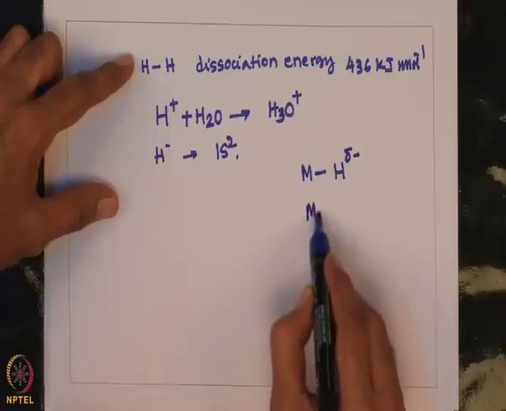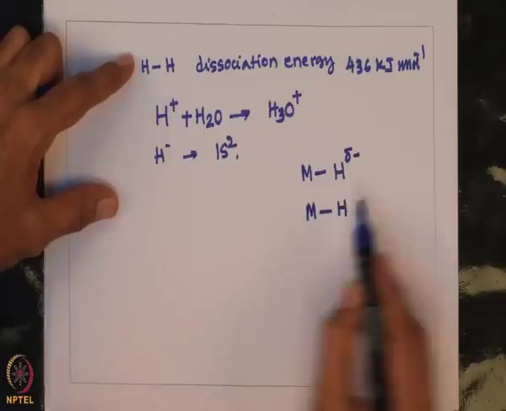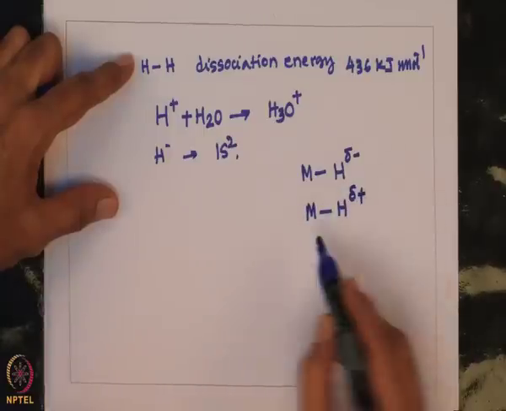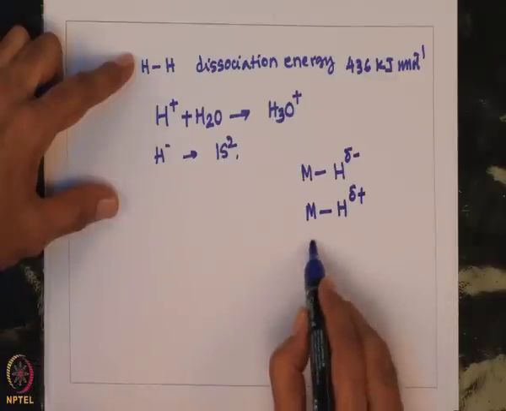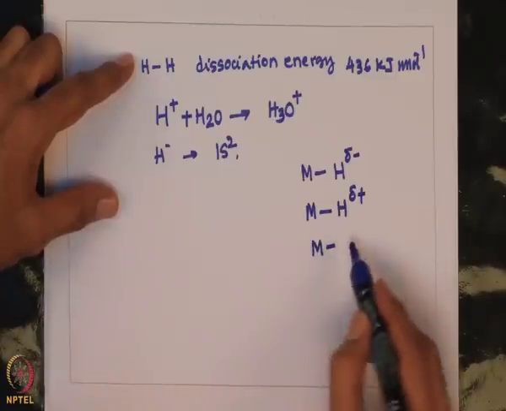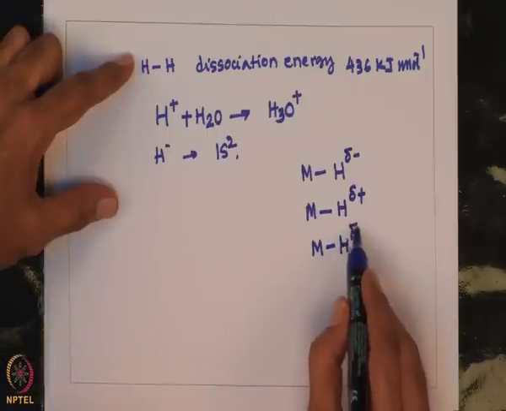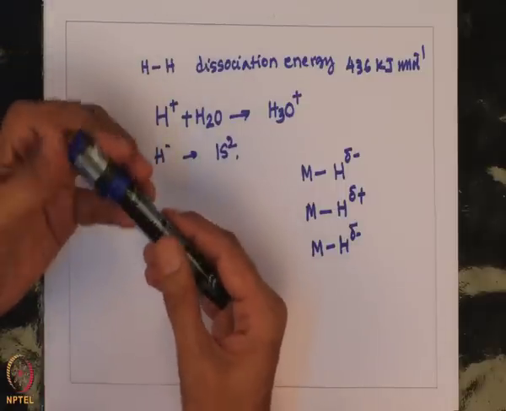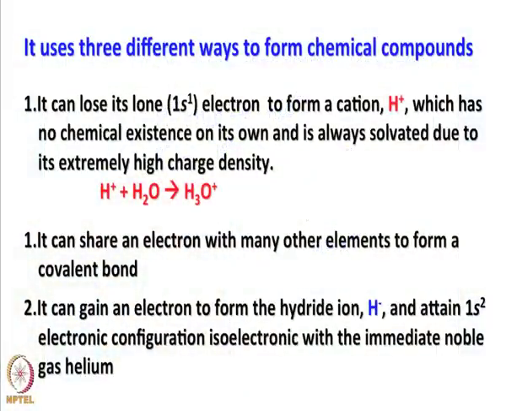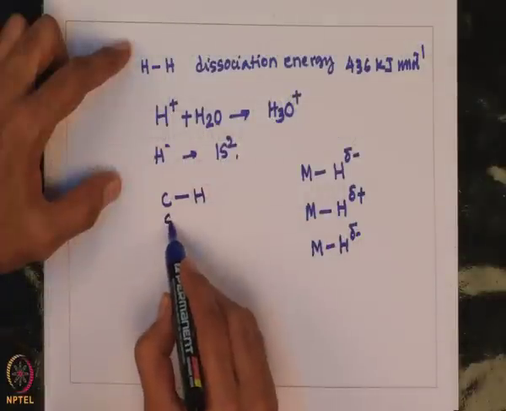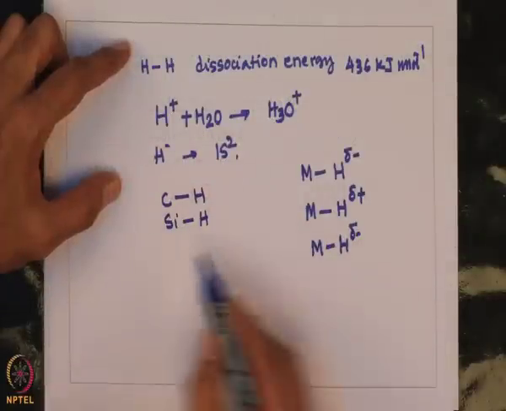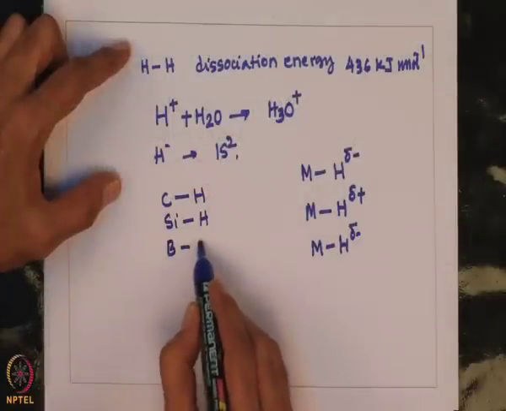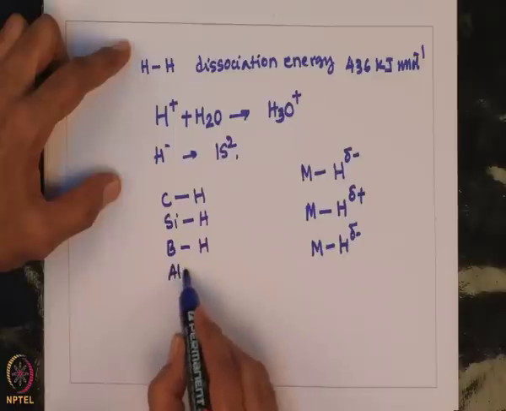Similarly, when it reacts with most of the p block elements, H carries positive charge, and with transition metals, it carries again minus charge. And when the electronegativity of hydrogen is comparable with p block elements, the bonds are essentially covalent. For example, we have the C-H or silicon to hydrogen bond, or boron to hydrogen bond, or aluminum to hydrogen bond.